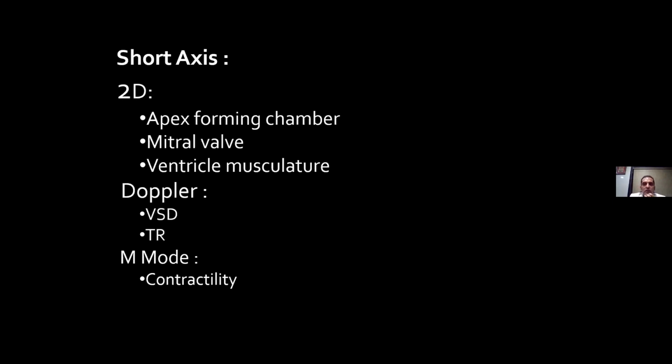Then the right ventricle will be your apex forming chamber. Again in this view, you can do Dopplers for VSD, TR jet, and you can do FS, fractional shortening, to calculate the contractility.